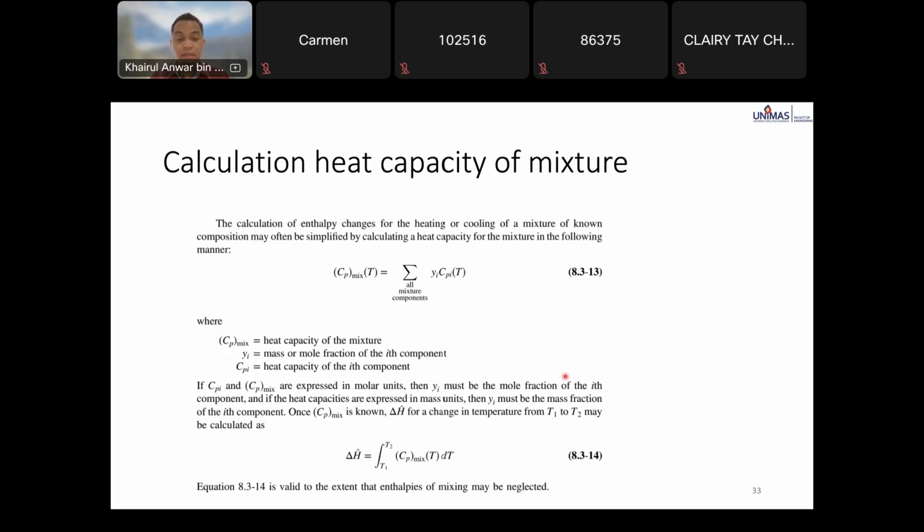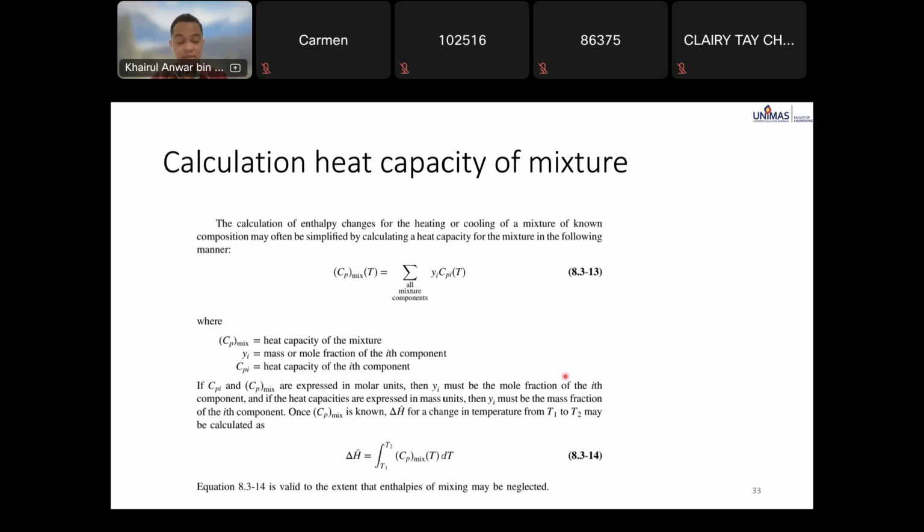So at equation 8.3-13, Cp mix equals the summation of yi Cpi. So Cp mix is the heat capacity of the mixture, and yi is the mass or mole fraction of the component.